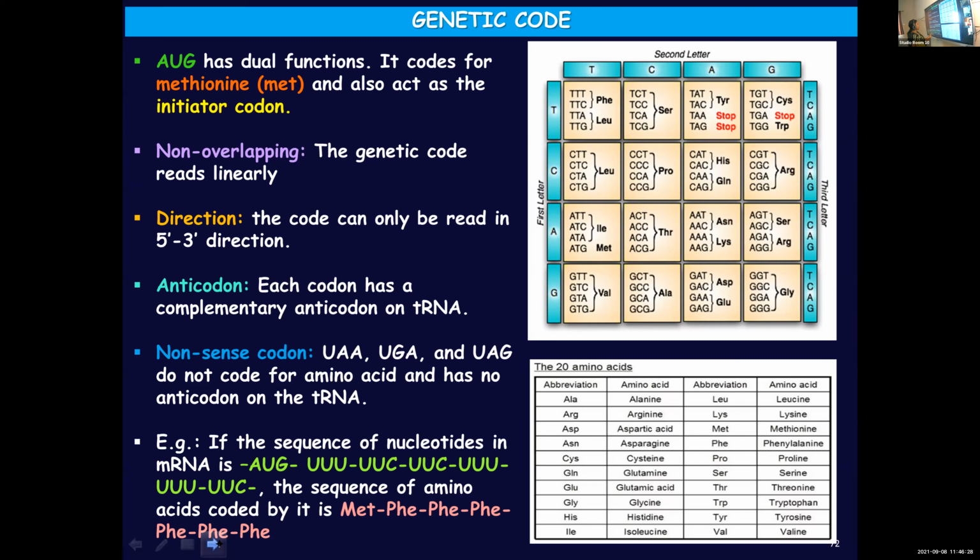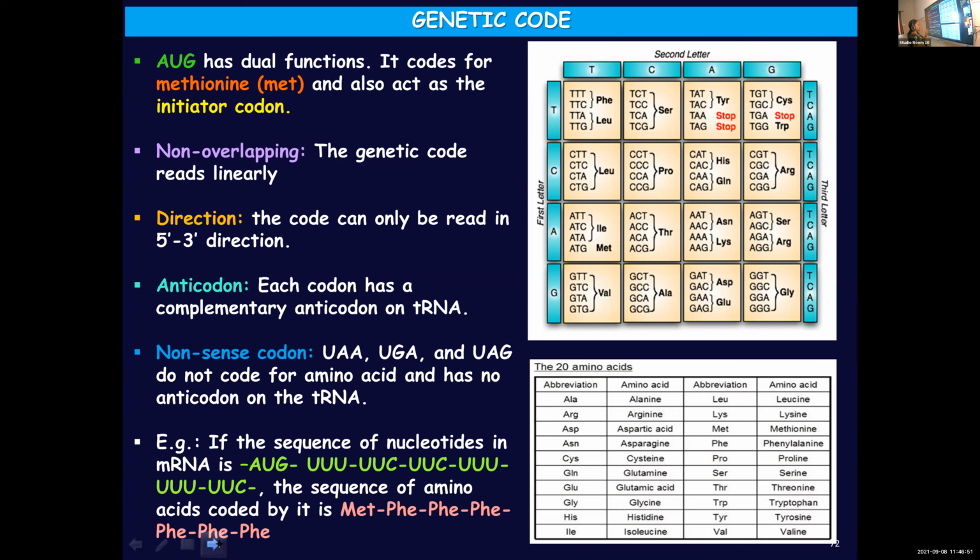You can refer to the figure given on the board, but here you have to replace all thymine by uracil. So AUG is methionine, UUU is phenylalanine. You can check the checkerboard table in your textbook.